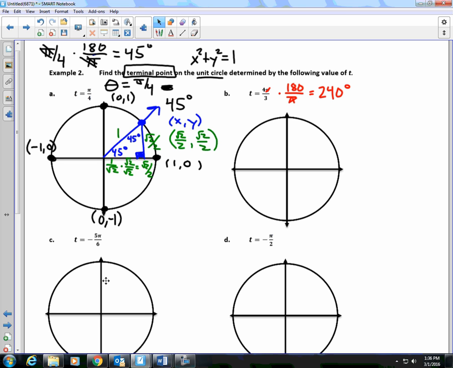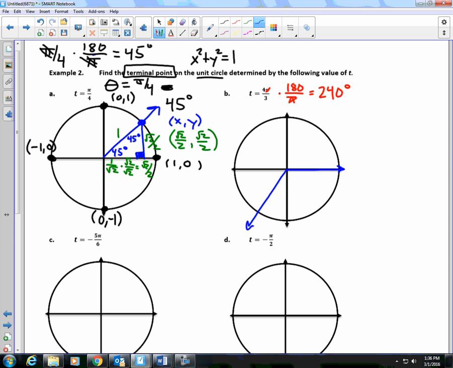That will be in the third quadrant, won't it? How many degrees past 180 will it be? 60 degrees past 180. So the angle starts here, I go all the way around to here. 240 degrees.